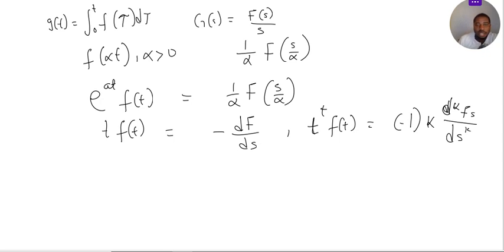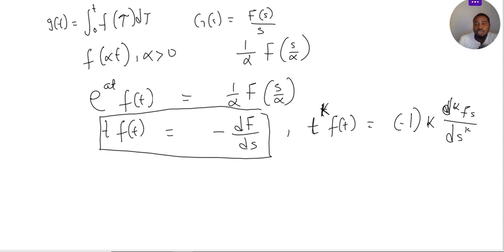From here you can see this particular one is just when k is equal to 1. If k is equal to 1, you only get t f of t, so I'm left with minus 1 over here, and the k is 1, so df of s upon ds raised to power 1.